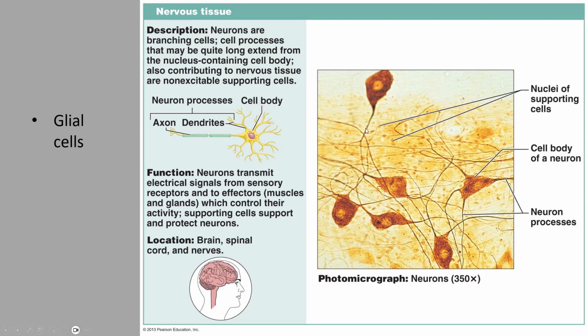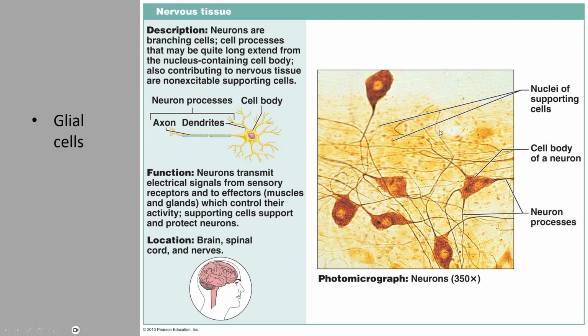Neurons, these are what conduct electricity. But really, even though it's not as obvious, there's a lot more of the other types of nerve cells called glial cells. And that's what all of these things in the background are. We have a few of these big neurons, but we have lots of other things in the background called glial cells.